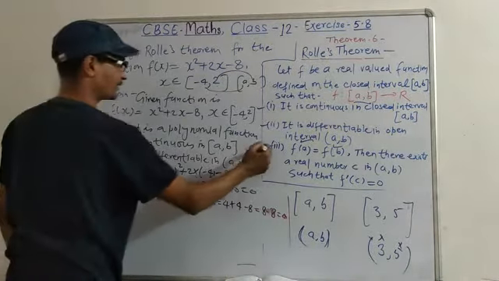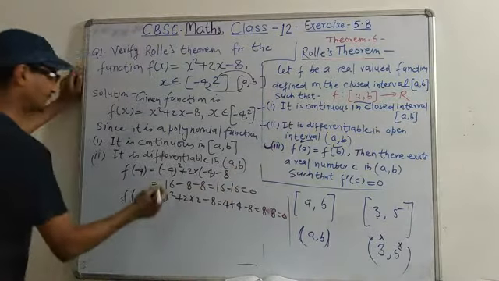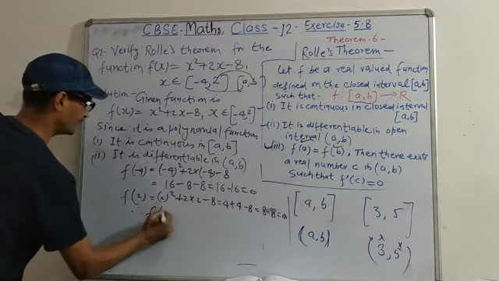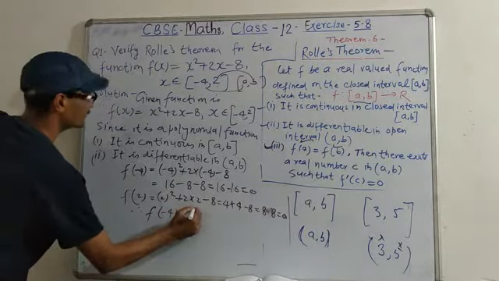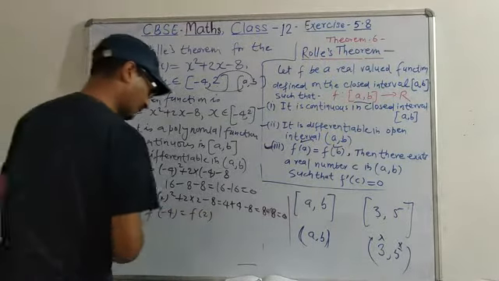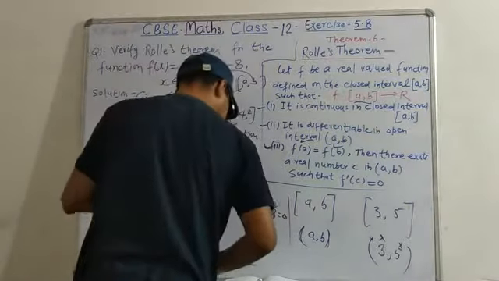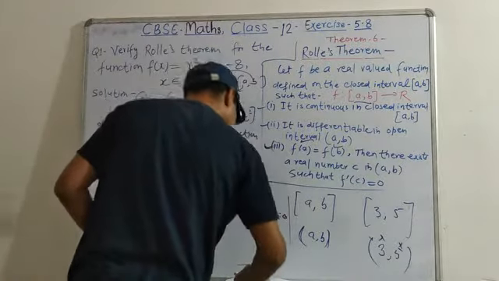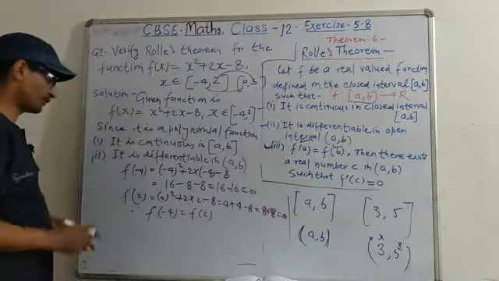So the third condition is also satisfied here. Therefore f of minus 4 is equal to f of 2.